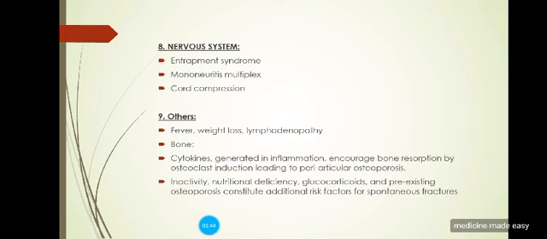The nervous system can also be involved if there is entrapment of a nerve like the median nerve, leading to carpal tunnel syndrome symptoms, and there can be mononeuritis multiplex, and signs of cord compression if the atlantoaxial joint is involved. Along with these, systemic clinical features include fever, weight loss, lymphadenopathy. There can be osteoclastic activity of bone leading to osteoporosis due to the drugs and due to the disease itself also.